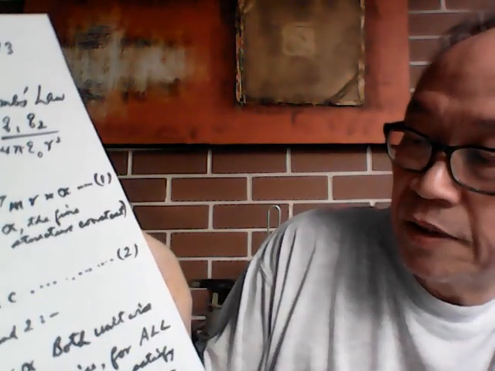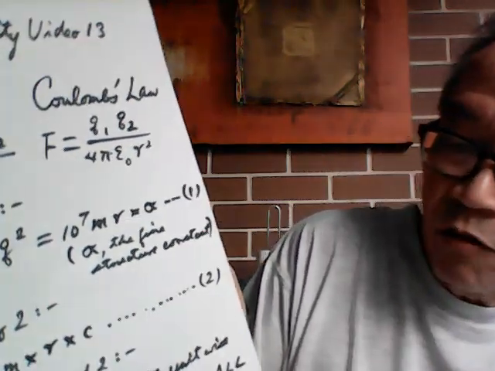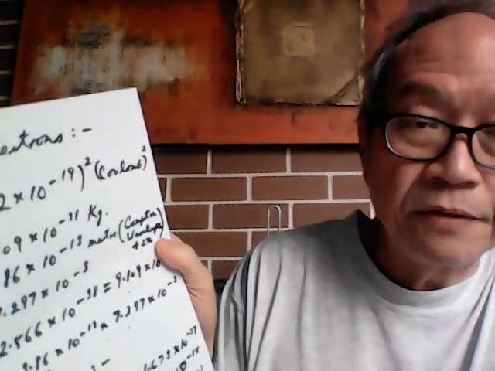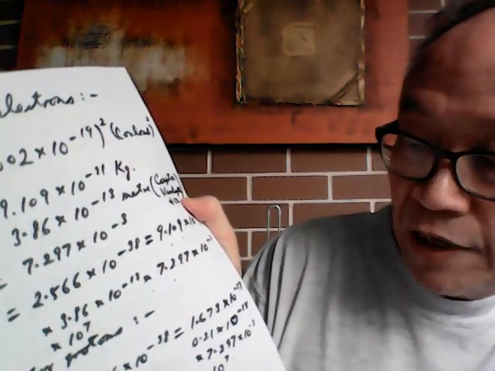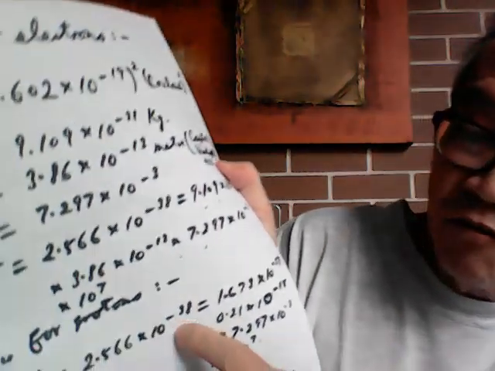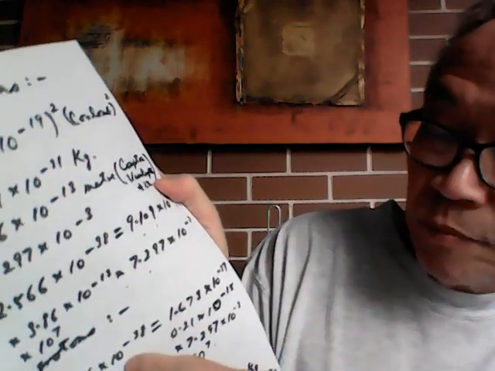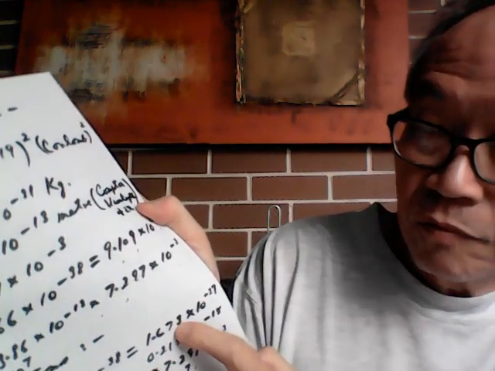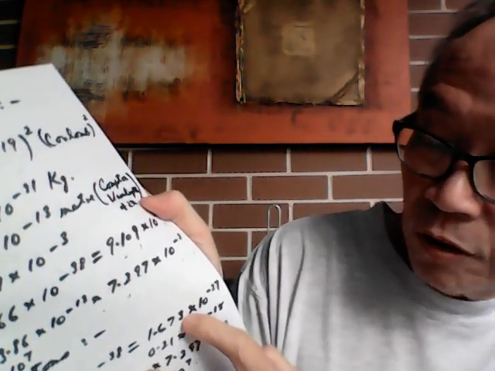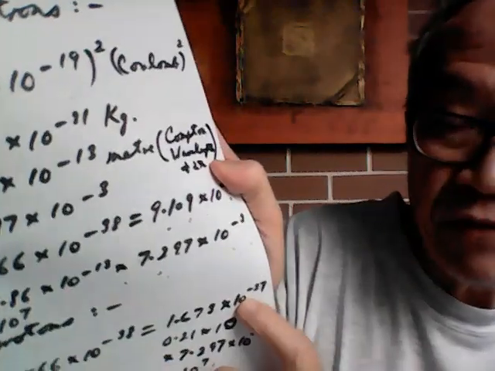This is actually my equation 3 here: we have 10 to the power 7 times mass times the radius times alpha. And likewise, this equation works for protons, with Q squared equal to 2.566 times 10 to the power minus 38, where the mass of the proton is 1.673 times 10 to the power minus 27.